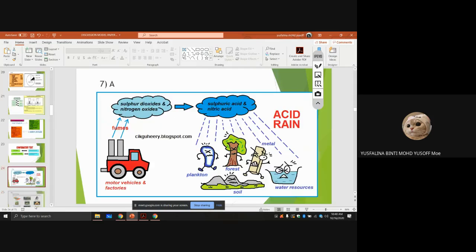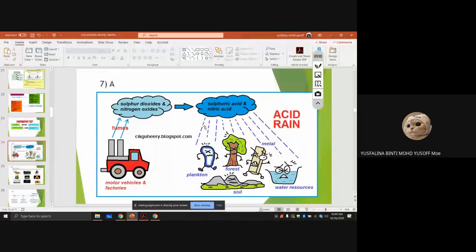Sulfur dioxide and nitrogen dioxide become sulfuric acid and nitric acid when they dissolve in the rain. The sulfur dioxide and nitrogen oxide come from motor vehicles and factories. This is how acid rain is produced, by nitrogen oxide or sulfur dioxide.